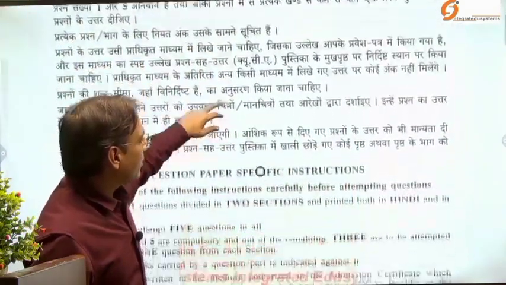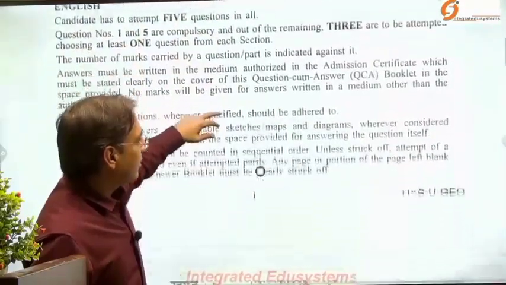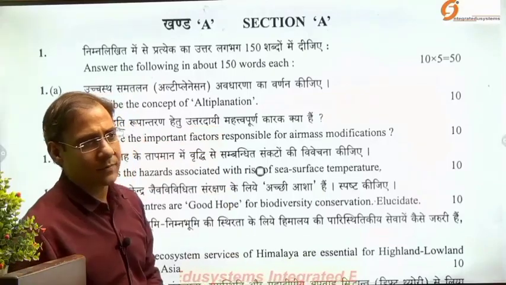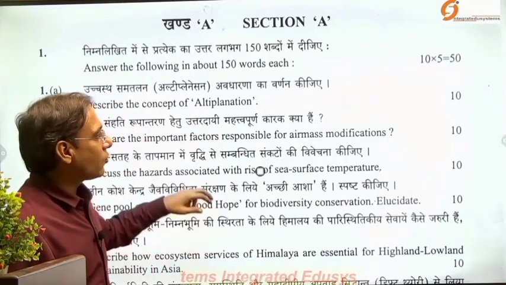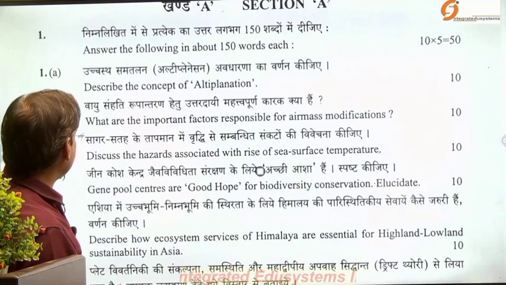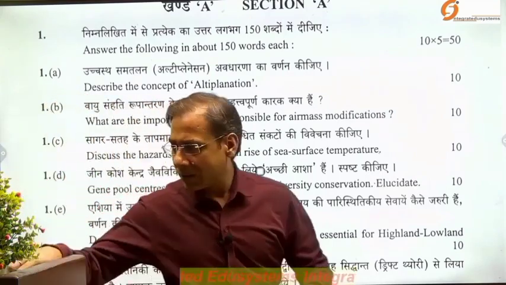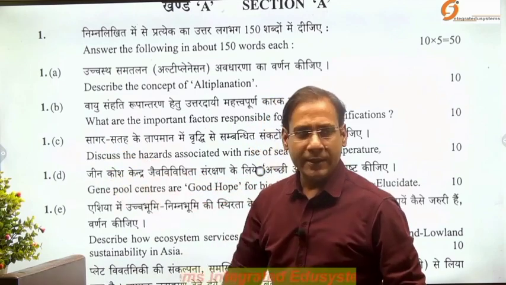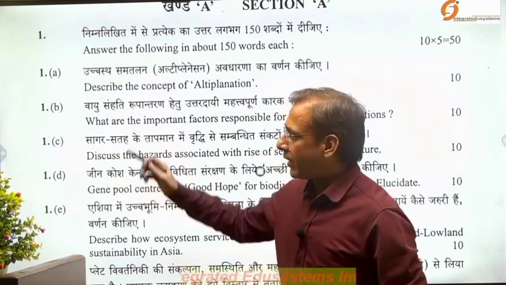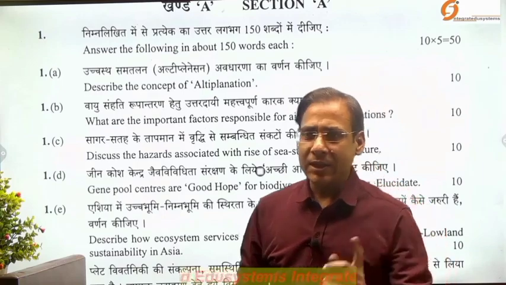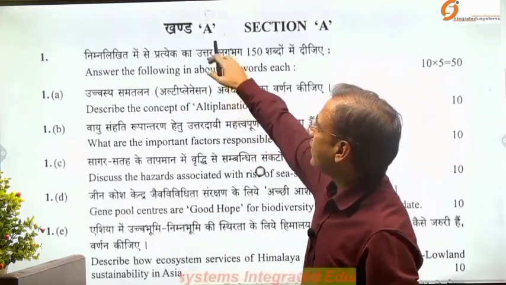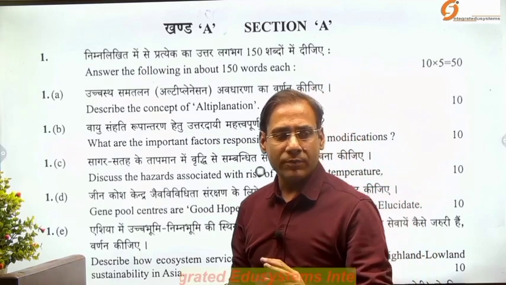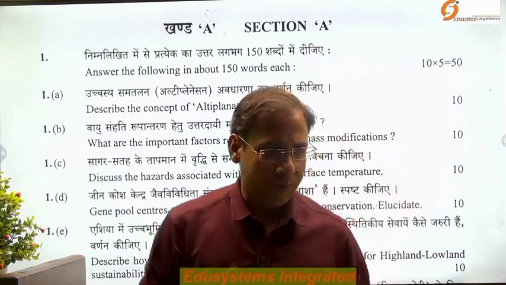In paper 1, as I have said, the question number 1 is compulsory for all the candidates, and there are 5 questions, A, B, C, D, E. If you look at the 1A, 1B, 1C, 1D, 1E, there are 5 units in section A, because this is section A. Geomorpho, Climato, Oceanography, Biogeography, Environmental Geography.